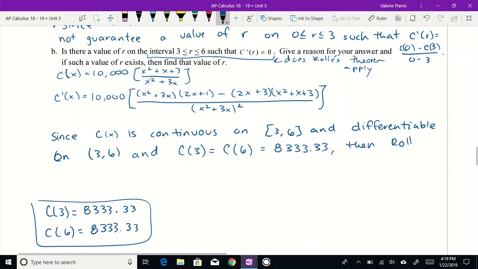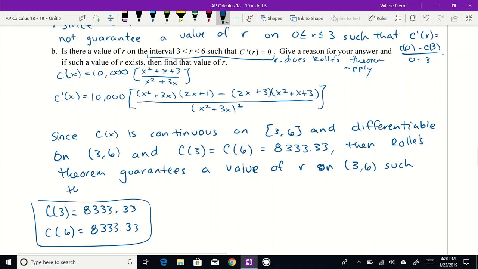Then Rolle's theorem guarantees a value of R on the interval 3, 6 such that the derivative of R is equal to 0.